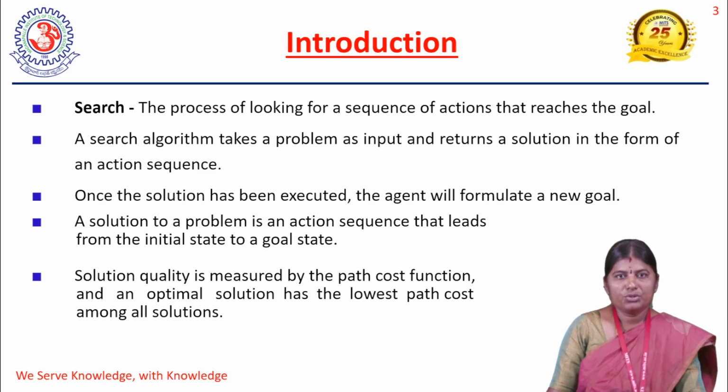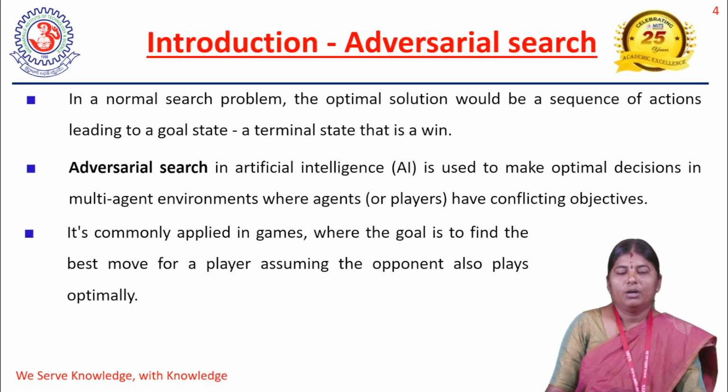Once the solution has been executed, the agent will formulate a new goal. A solution to a problem is an action sequence that leads from the initial state to the goal state. The quality of the search is measured by the path cost function, and an optimal solution has the lowest path cost among all solutions. Now we come to adversarial search.